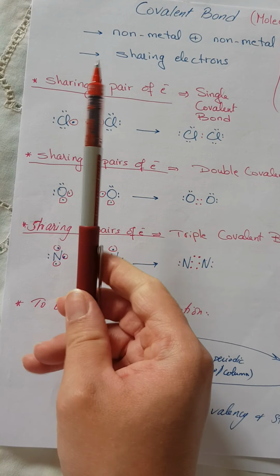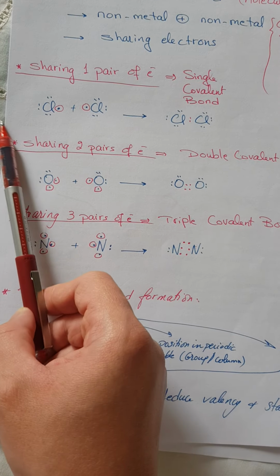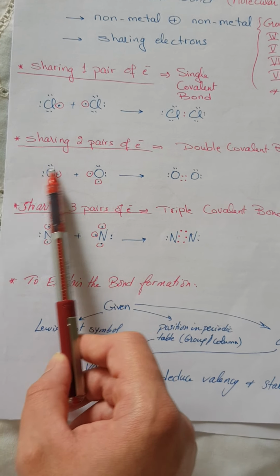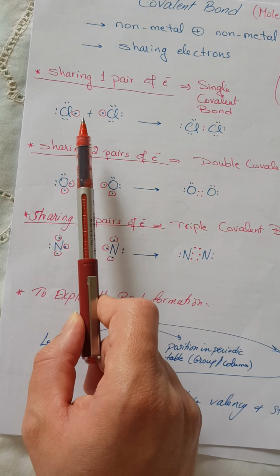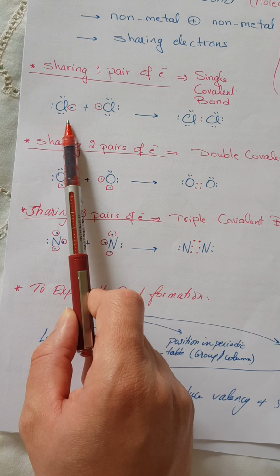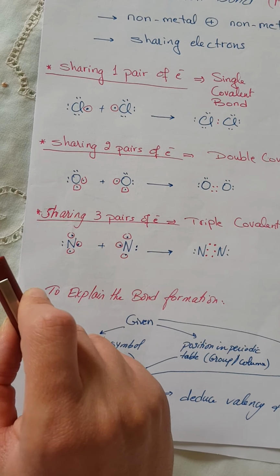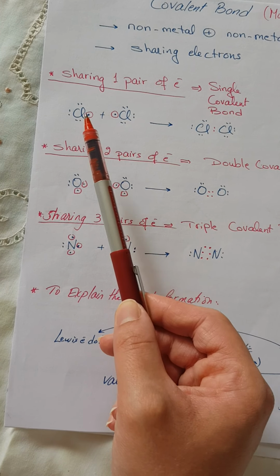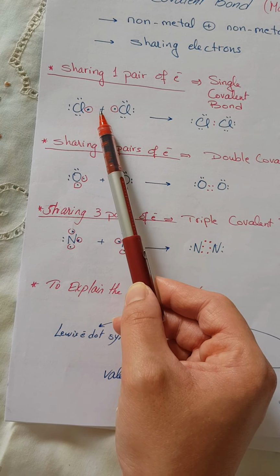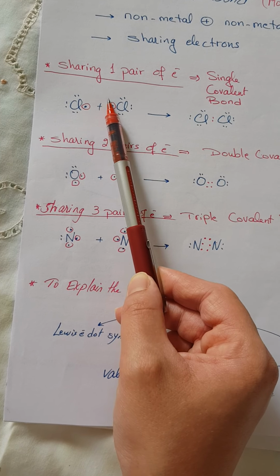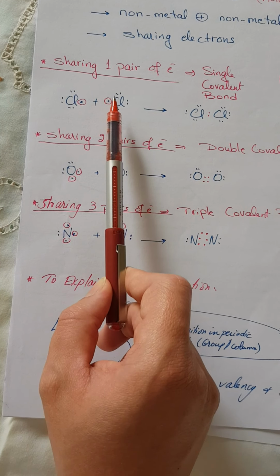I'll explain these through examples, as you see here. If I have the element chlorine, which is from group 7, it has 7 valence electrons. It's going to share its electron with another chlorine atom.